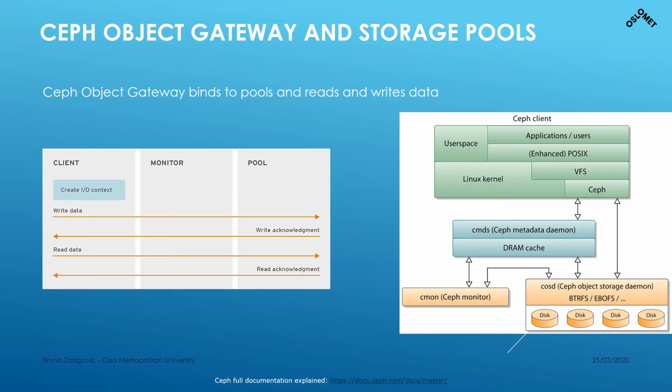In the pools, you will instantiate so-called monitors, and these monitors literally do what they're called for. They monitor disks and physical hardware or virtual storage devices that are put there in order for you to send the data, write it, and follow the procedure as described in this diagram to confirm that the data is written and that the client can have access to that specific location at any time.